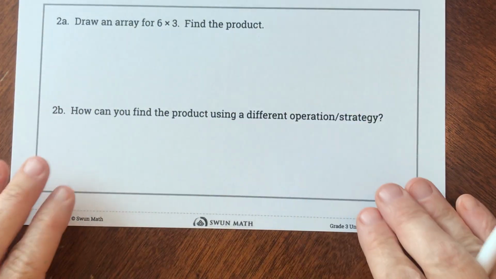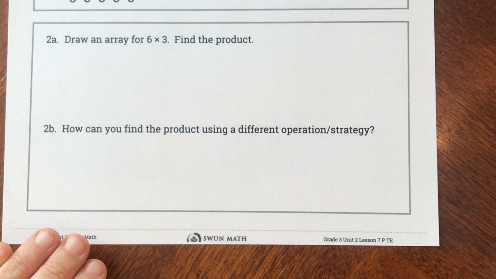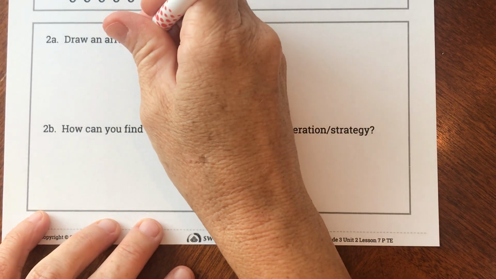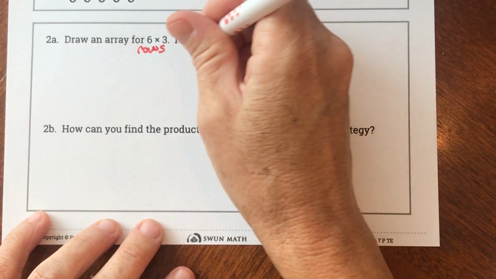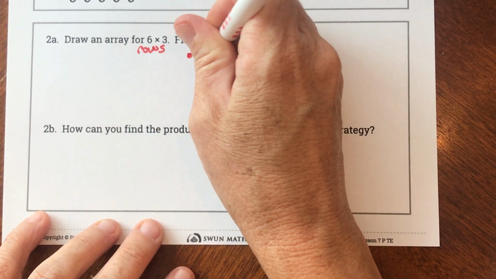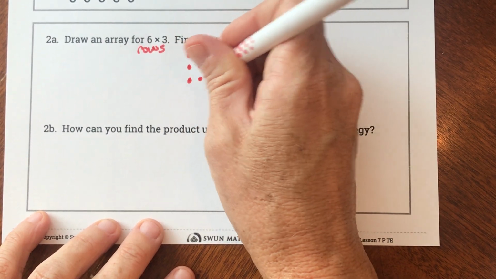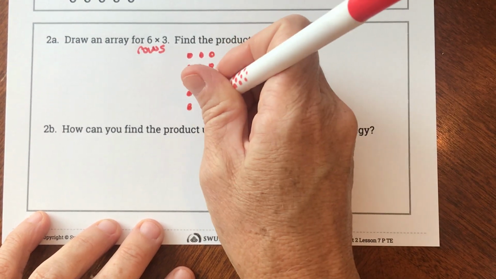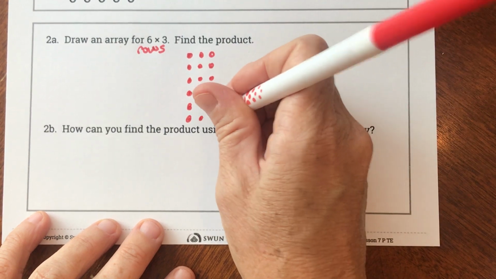Okay, here is my next problem. It says, draw an array for 6 times 3 and find the product. Okay, so what does that mean? That means 6 rows of 3. Ready? So I have 1, 2, 3, 1 row, 2 rows, 3 rows, 4 rows, 5 rows, and 6 rows.